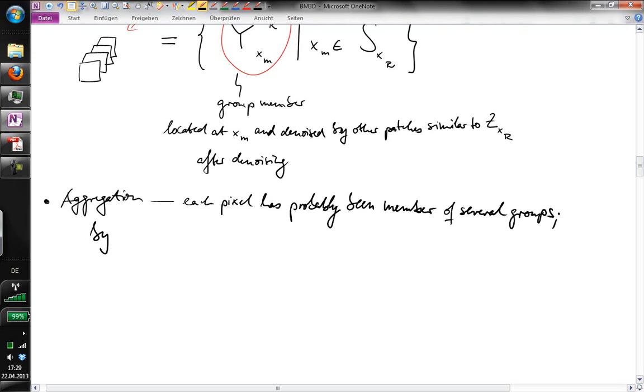And by this collaborative filtering, the patch around this pixel was modified in different ways in each of these groups.